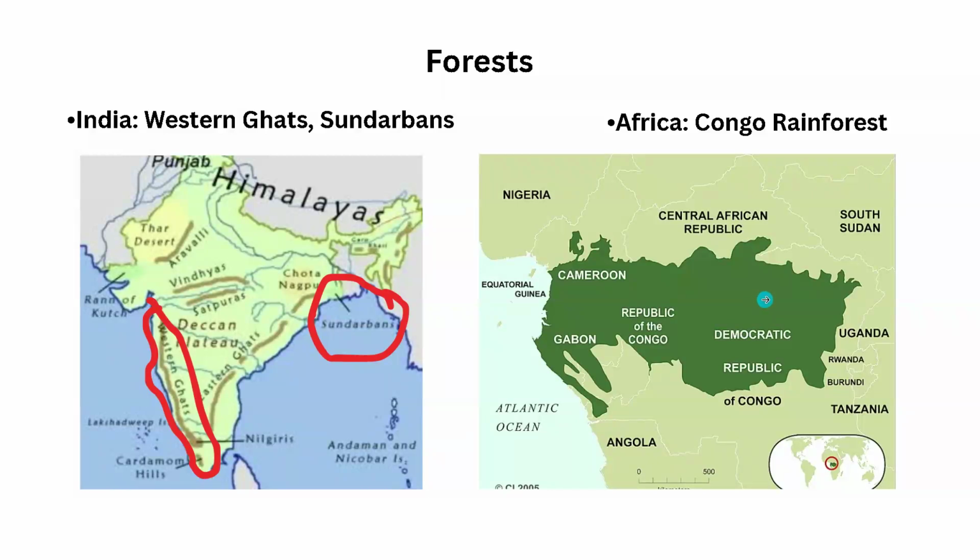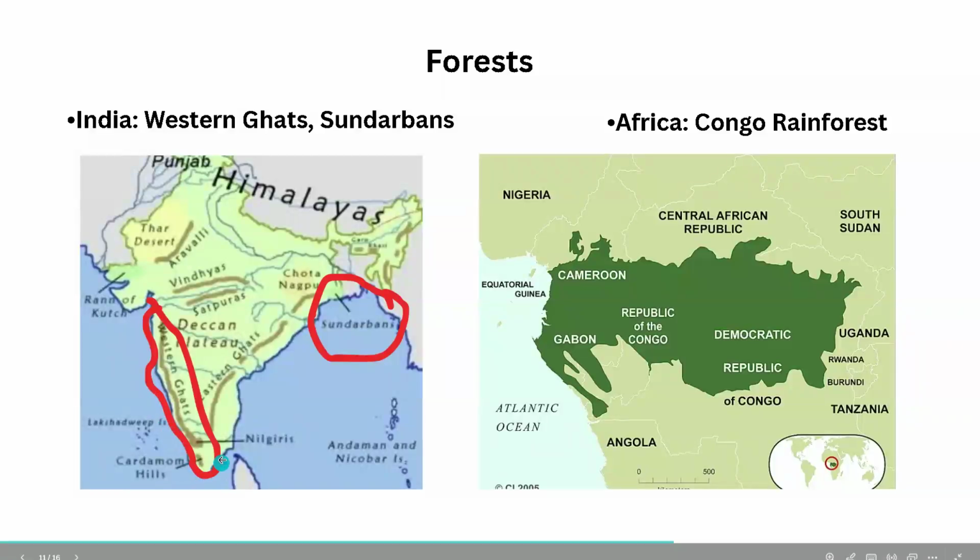Almost all the wood is taken or exported to other countries also. But when we compare with India, here in India are the Sundarbans. Here also in the Western Ghats we find forests.